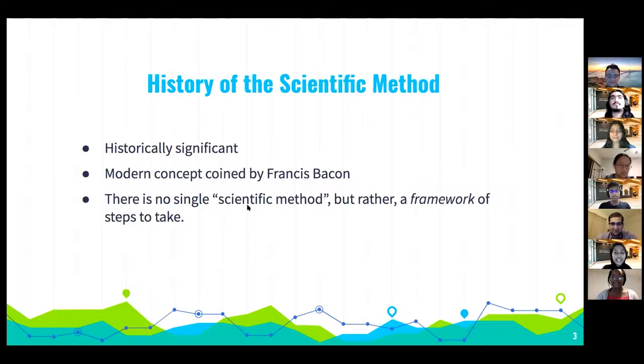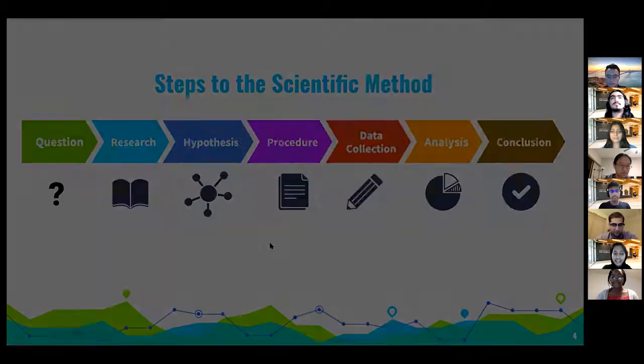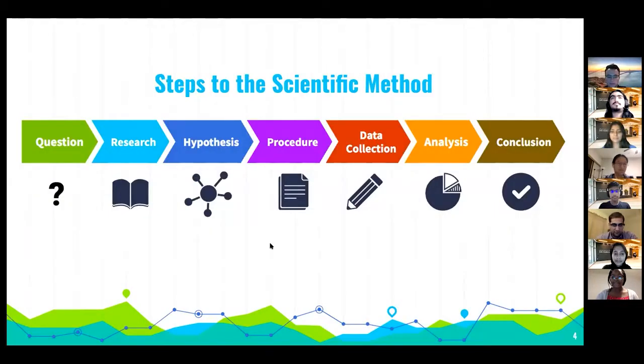The scientific method is a framework of approach in any research process. The modern concept of the scientific method as we know it was coined by Francis Bacon. The steps to the scientific method are as follows: question, research, hypothesis, procedure, data collection, analysis, and conclusion.